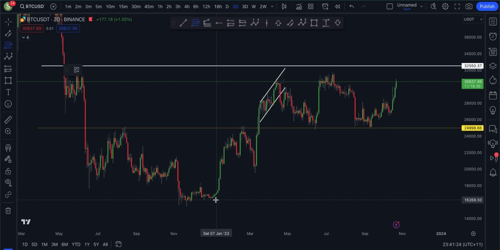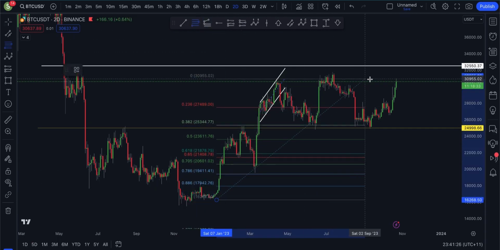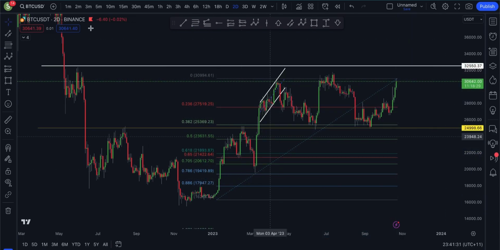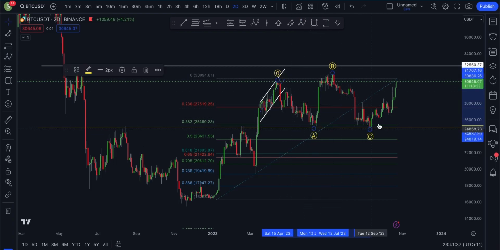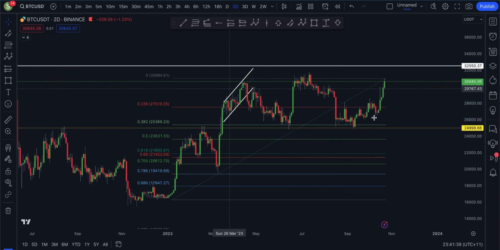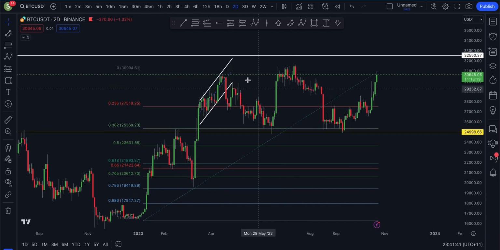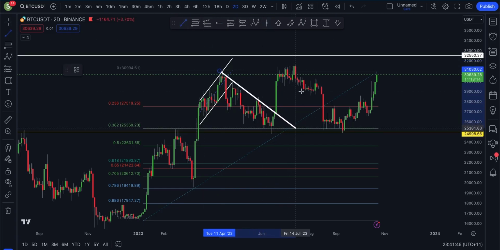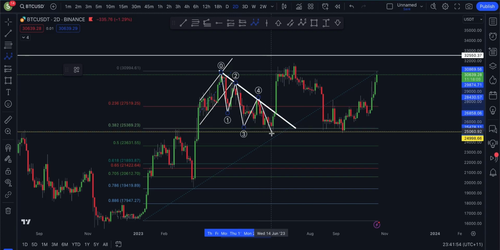According to that, now if you take the Fibonacci level, right, and then consider this structure as irregular ABC, which I think it is. Okay, why I think, I'll tell you. There are two reasons. I can easily subdivide this part into 1, 2, 3, A, B, C, 4, and this is your fifth.